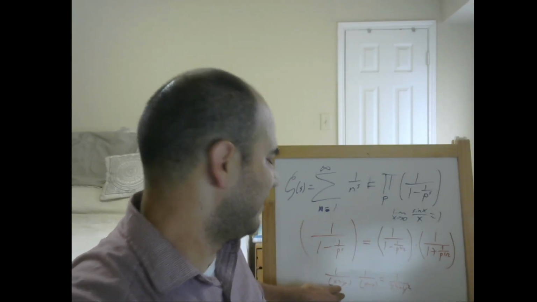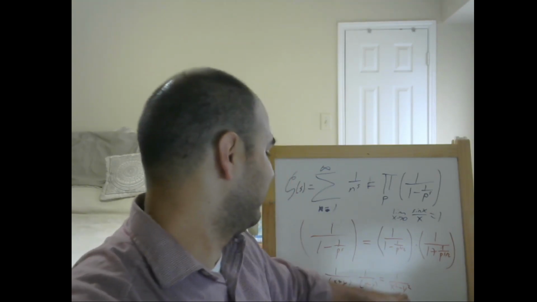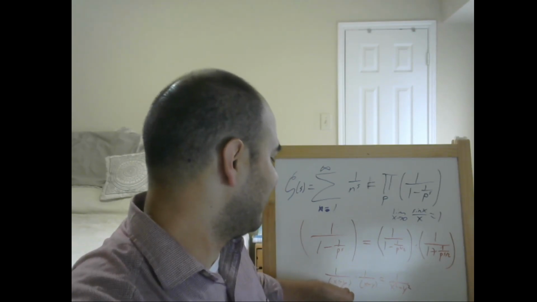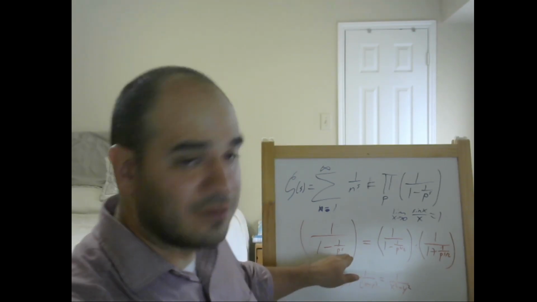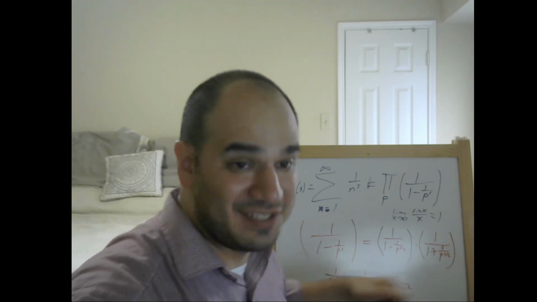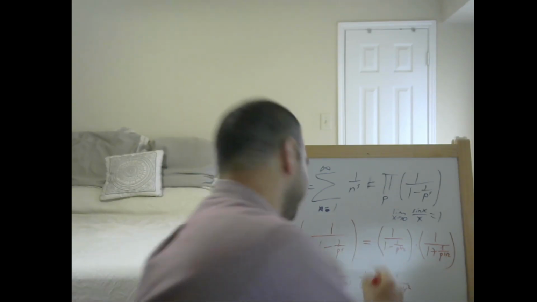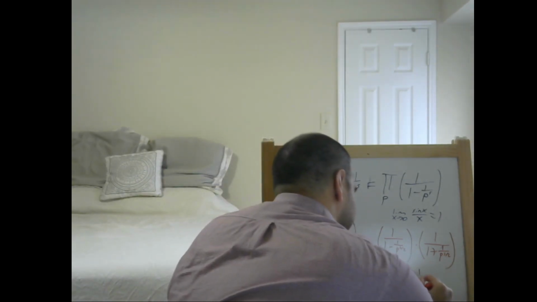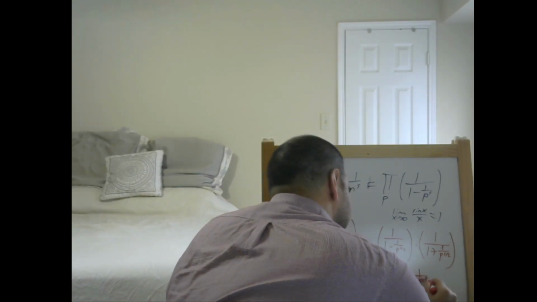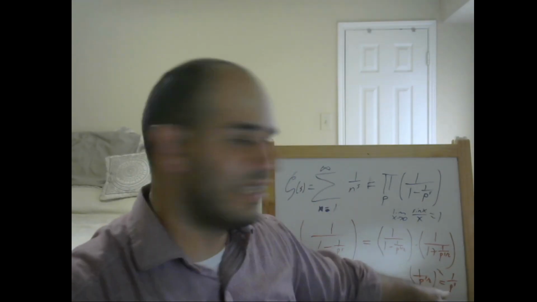So it works out that the exponent is half of the value over here, right? So 1 over p to the s is the square of 1 over p to the s over 2, right? Like if you square this, you get this.